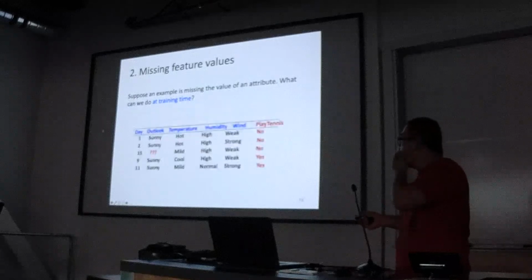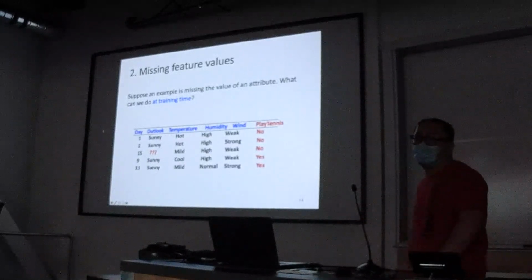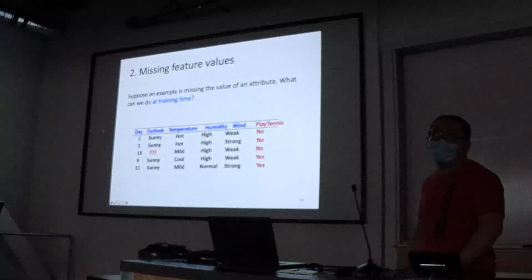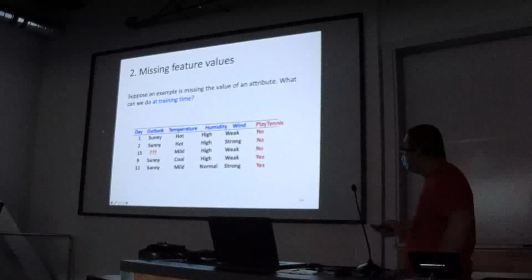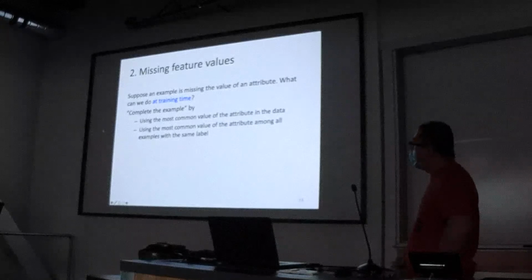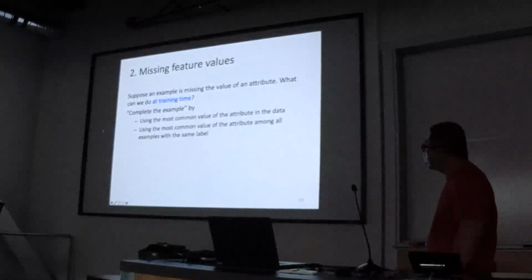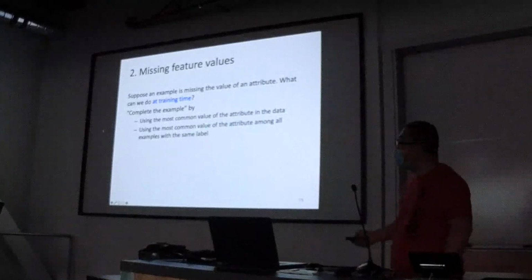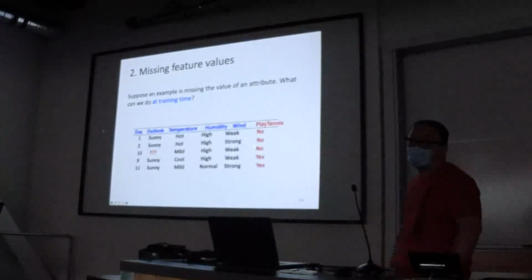We fill this blank with the most common value in the existing data. Then we can go ahead and run our ID3. This is the first strategy, the most straightforward. But someone may argue that this is too rough because it ignores the label information. Remember, this is a negative label.